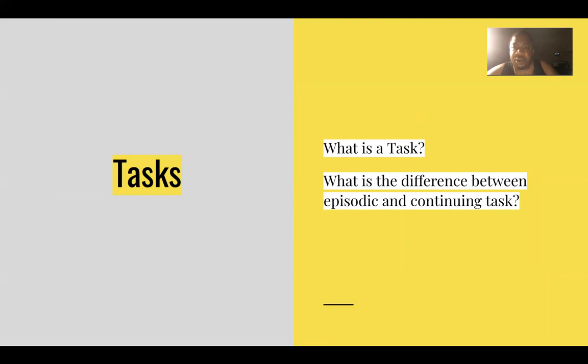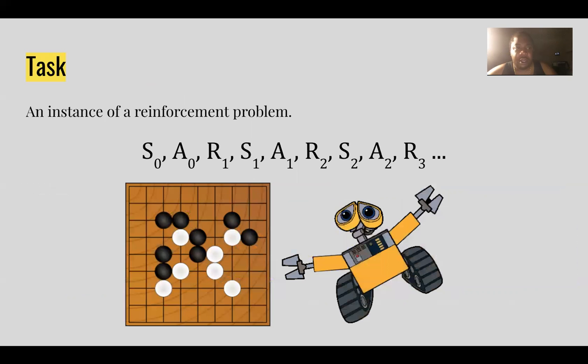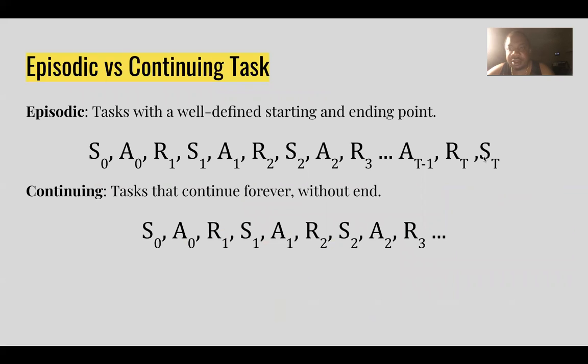Next we're going to move on to what a task is, and describe the difference between an episodic task and a continuing task. A task is an instance of a reinforcement learning problem, and as you can see, it just has state, action, reward, state, action, reward, and keeps going until it ends in some terminal state, which is what we call an episodic task.